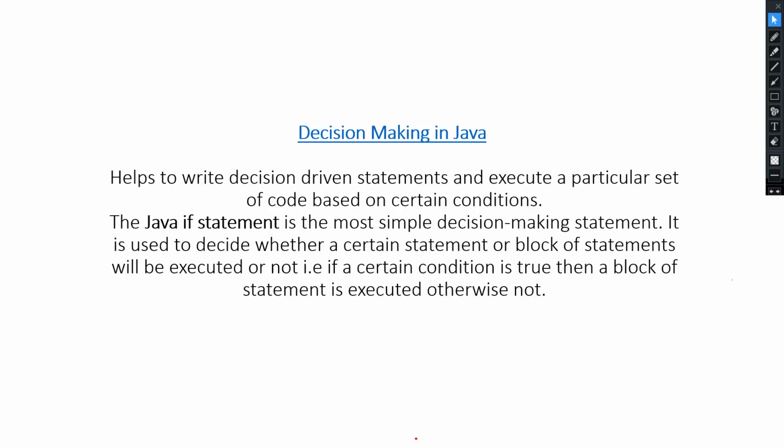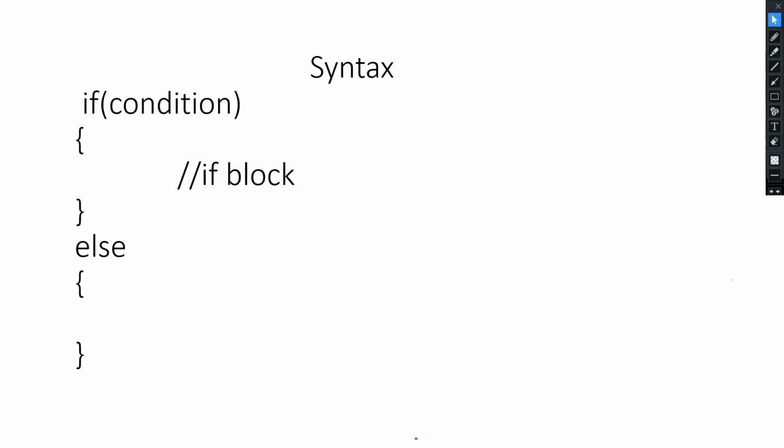In Java, the if statement is the most simple decision making statement and it is used to decide whether a certain statement or block of statements will be executed or not. That is, if a certain condition is true, then a block of statements is executed, otherwise not.